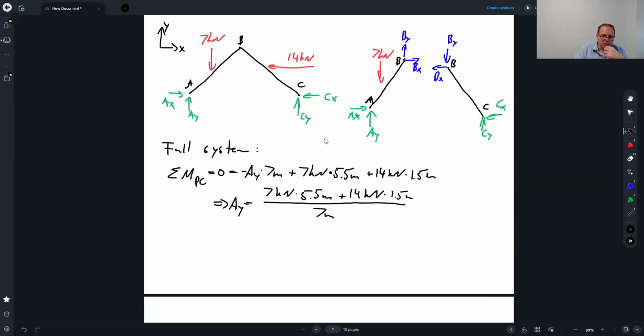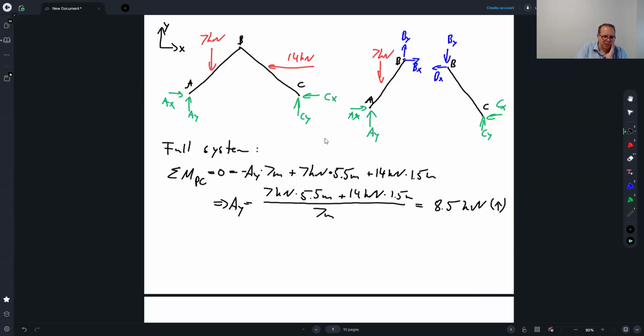If I go through that, I get 8.5 kilonewton. It comes out positive, so AY must be pointing upward, as I had upward positive there. So now I have AY.